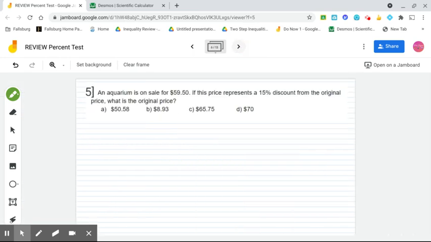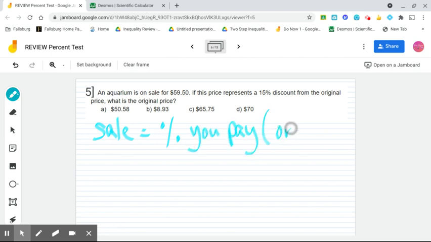Number 5, an aquarium is on sale for $59.50. If this price represents a 15% discount from the original price, what is the original price? So this is where we have to remember, guys, we have the sale price is equal to the percentage that you are paying for the item times the original price.